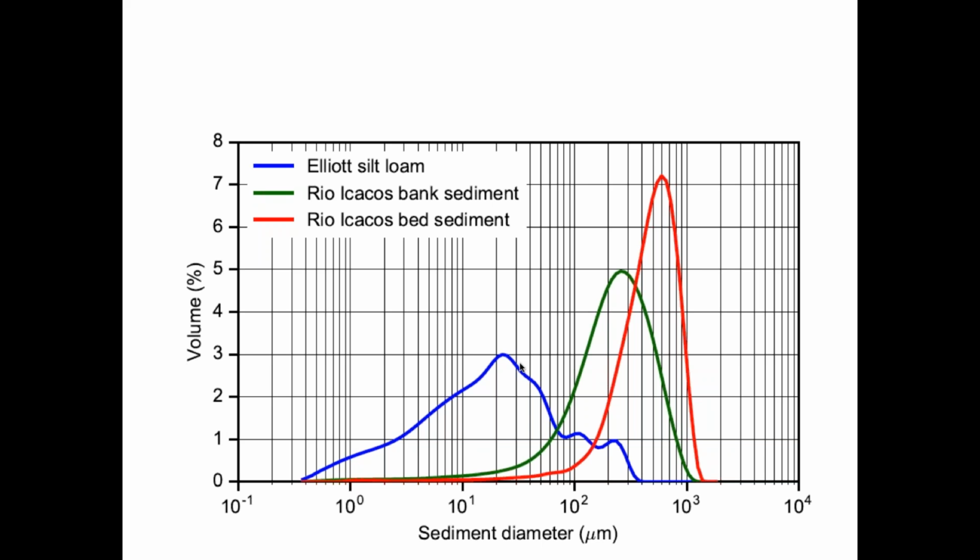Cool. It occurred to me that the samples you were showing actually have such a size range. Some of them are probably too big for the laser diffraction. Yeah. So we have a laser diffraction, a LISST type thing, and we also have the CAMSIZER, which goes up to like a centimeter.